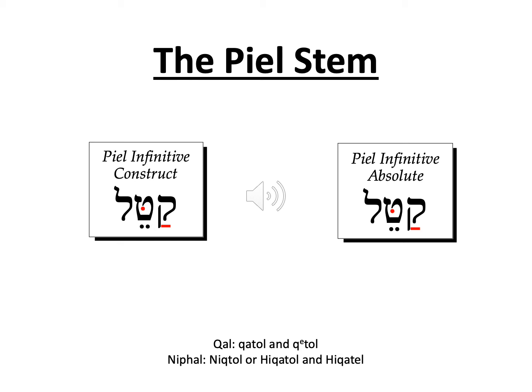The only difficulty is not so much in differentiating the Piel from the Qal or the Niphal, which are qatol in the Qal infinitive absolute and qetol in the Qal infinitive construct, or the Niphal, which is niqtol or hiqqatol in the infinitive absolute, and hiqqatel in the infinitive construct. Instead, the Piel infinitive construct and infinitive absolute can be easily confused with the Piel imperative, so we will have to keep that in mind as we are translating.